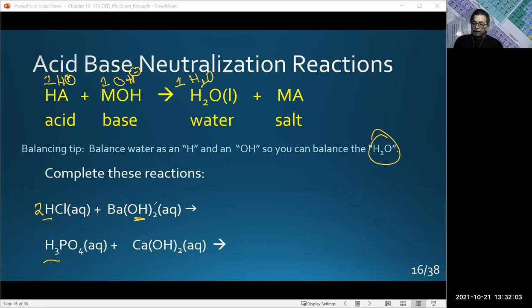And if I have two protons and two hydroxides, guess what? How many waters am I going to make in this first example? Anybody know? Anybody want to tell me how many waters? I'm going to get waters, there's no question about it. The question is how many, given this information up here.